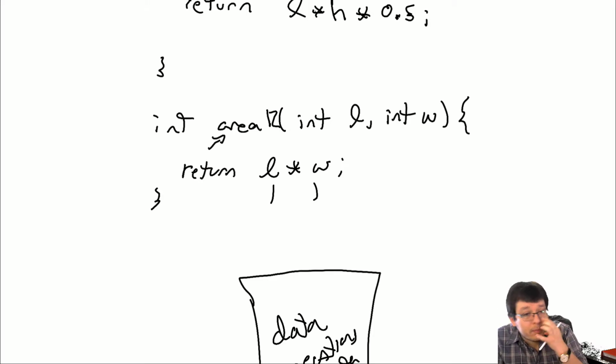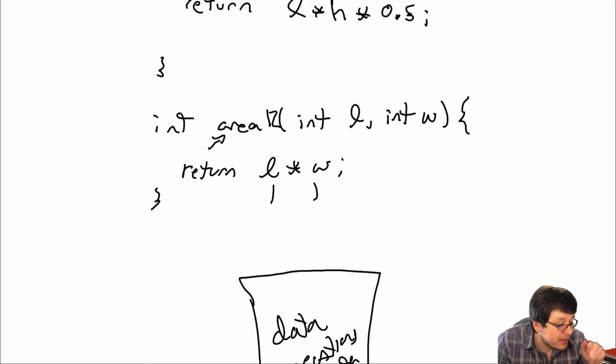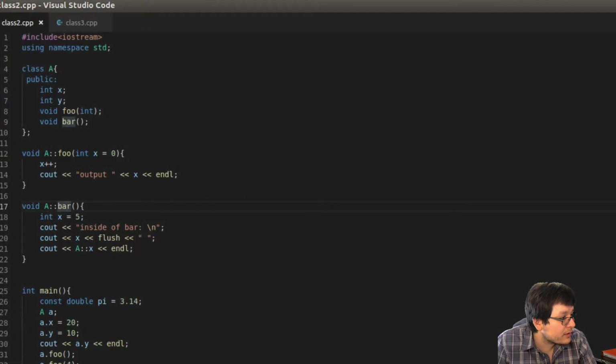And the cool and powerful thing about class variables is that class functions can access them without having to pass them as a parameter. It's like a mini global scope inside. That is why in the example I was showing you earlier, the X right here, let's just get rid of this X for now.